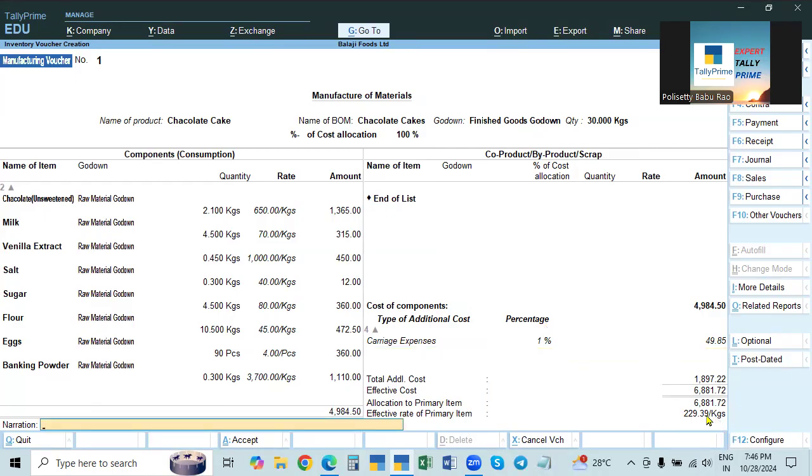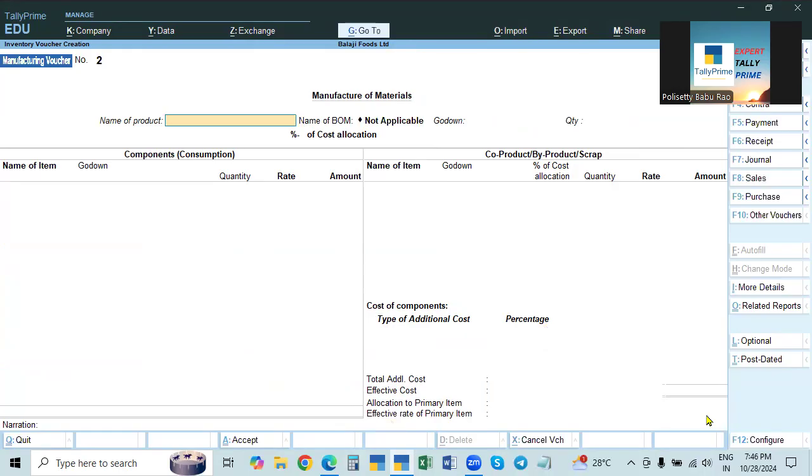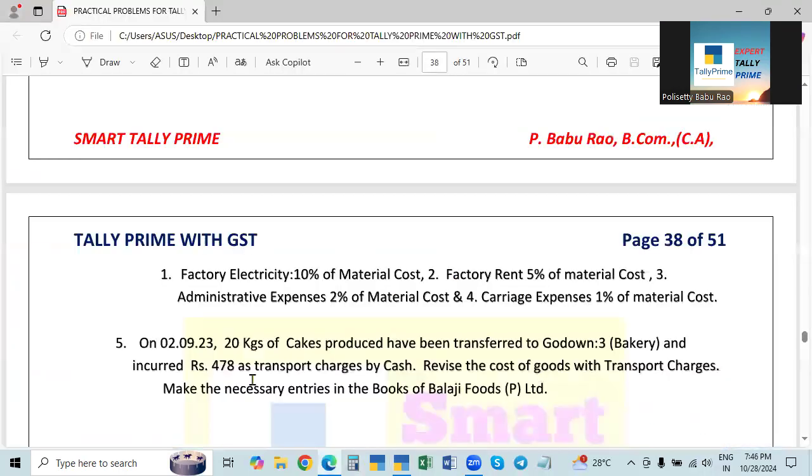Now this will be sold. But here some additional thing is given. Out of the 30 kgs manufactured, 20 kgs are transferred from finished goods. This type of bakery item will be stored in the finished goods, and whenever required, it will be transferred to the bakery.